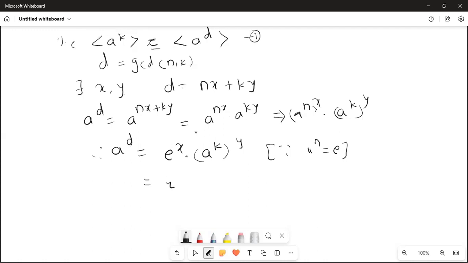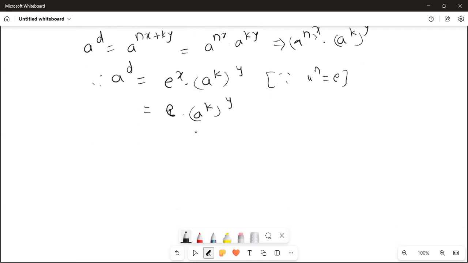Again, e into a raised to k raised to the power y. Therefore a raised to d equals a raised to k raised to y. That means a raised to d is a subset of the subgroup of a raised to k.